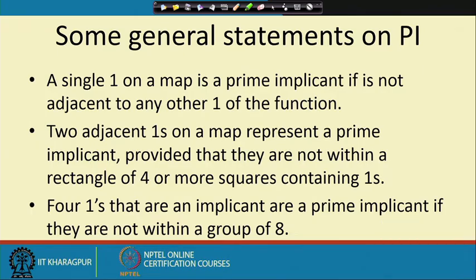Similarly, 4 ones can be a prime implicant only if they are not contained within a group of 8. This way it goes on.